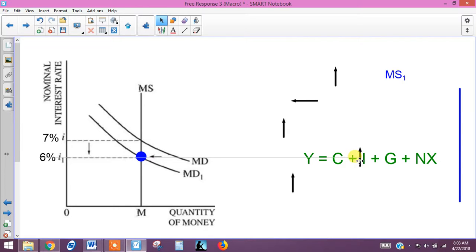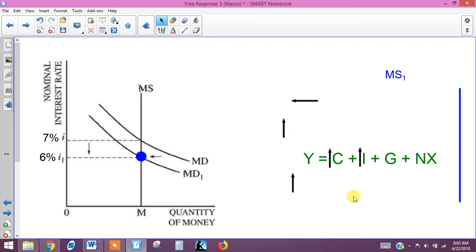The investment that we talk about in terms of firms borrowing money to expand or do a project. So that's going to mean investment that goes up. Now, when the interest rate drops, that means consumption could go up, because the interest rates on credit cards go down, which means people are more likely to consume more on credit.